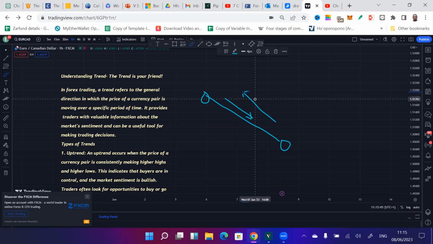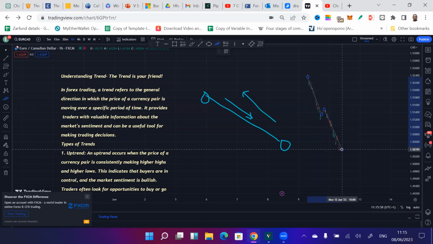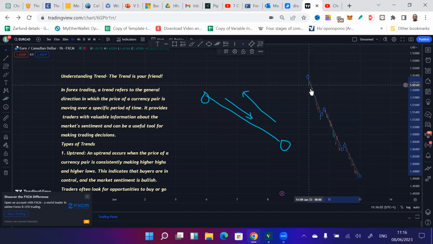Now, in the financial market, every time you see candles moving, let's say you see candles moving like this, it's moving downwards, right? Every time you see candles moving like this, understand something: price is moving downwards.